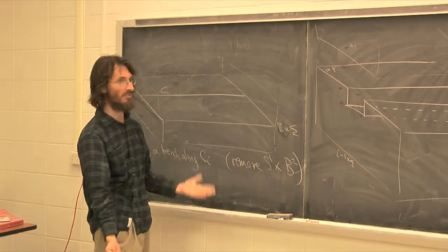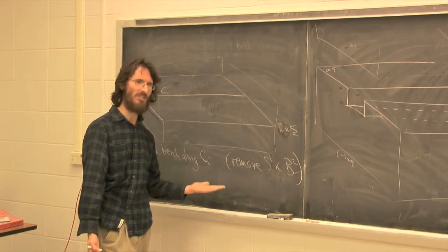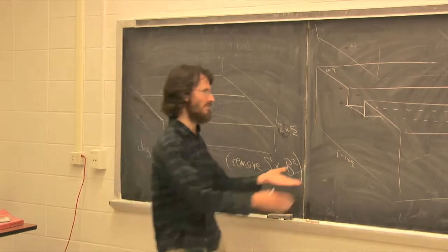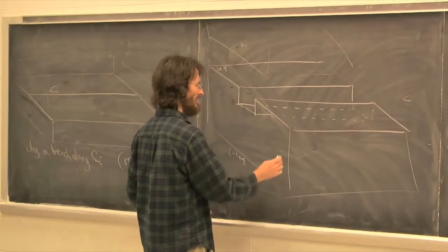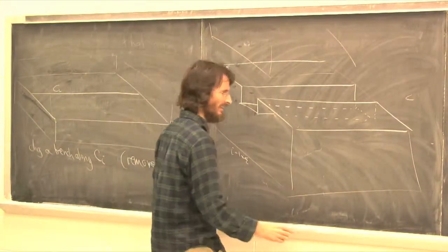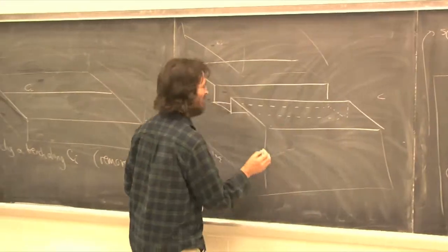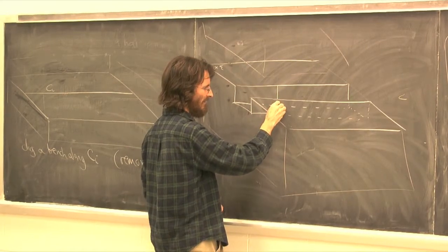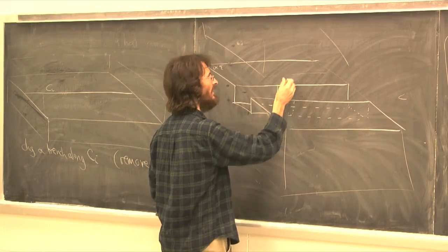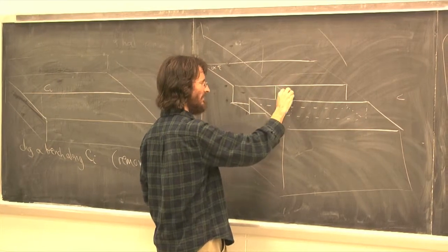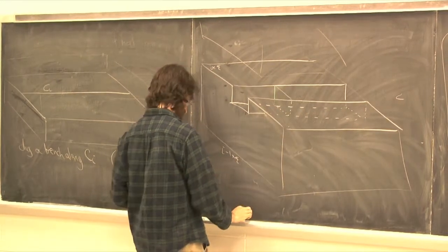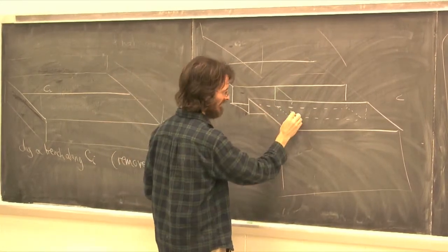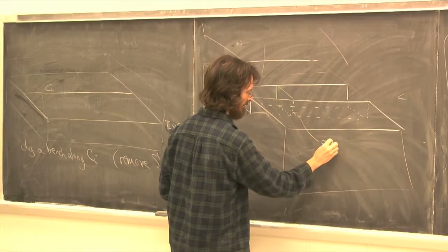And if we wanted to glue it back in the same way, without changing the manifold at all, we would glue it back in so that this curve goes down, over, up, and then across the top. That's the original meridian, right?